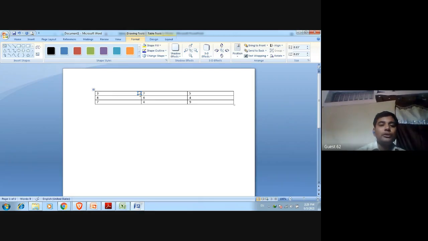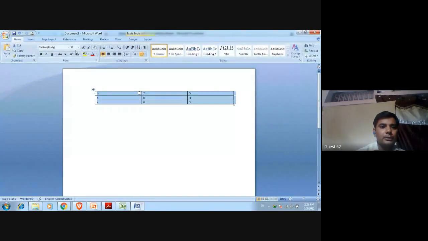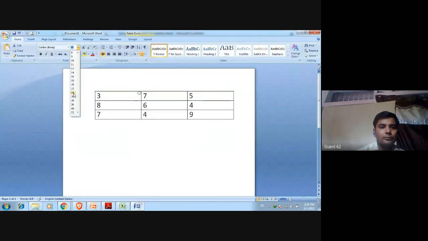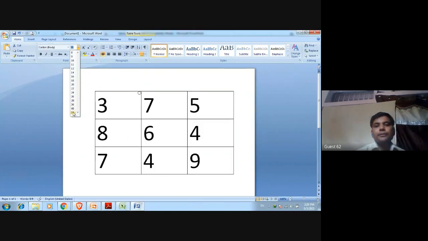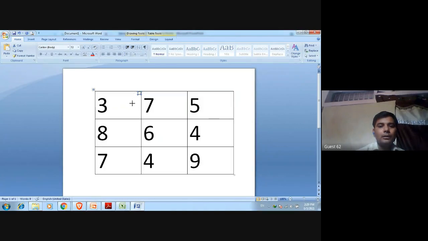Let us increase the size. Now you can write like this.